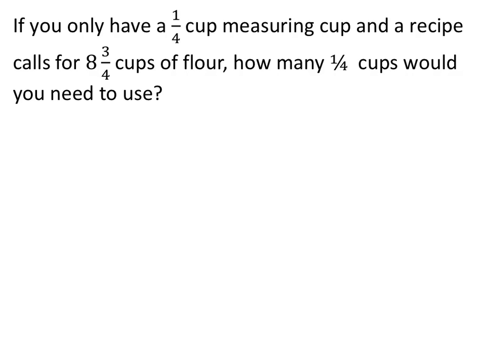So we could look at this a couple ways, and we'll do it both ways, and we'll use the calculator to help us. But the 8 full cups, okay, how many 4th cups would I need to make the 8 full cups? Well, I need 4 per cup, right? Because 4 of these 4ths is going to make 1 full cup, but I need 8 full cups.